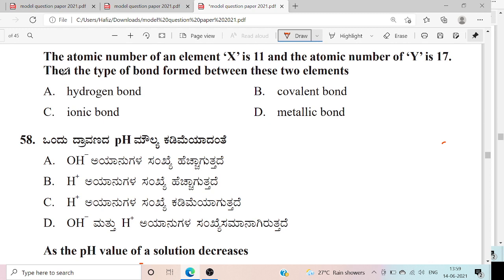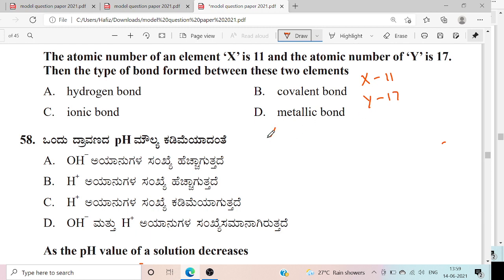See how fast it is happening. The atomic number of an element X is 11 and the atomic number of Y is 17. The type of bond formed between these two elements. X with atomic number 11, Y with atomic number 17. So what kind of bond do they develop when they react with each other?